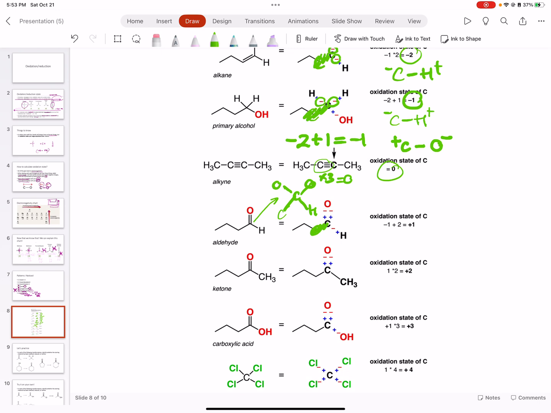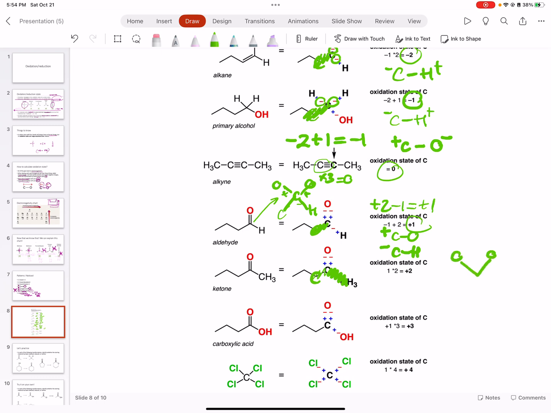So in here you have a carbon-oxygen, carbon carries a positive; carbon-hydrogen, carbon carries a negative. So we have positive, positive, negative. We have +2 -1, we have a +1. And the same goes in here. We have carbon-carbon, so we don't care about this, but we do have this relationship.